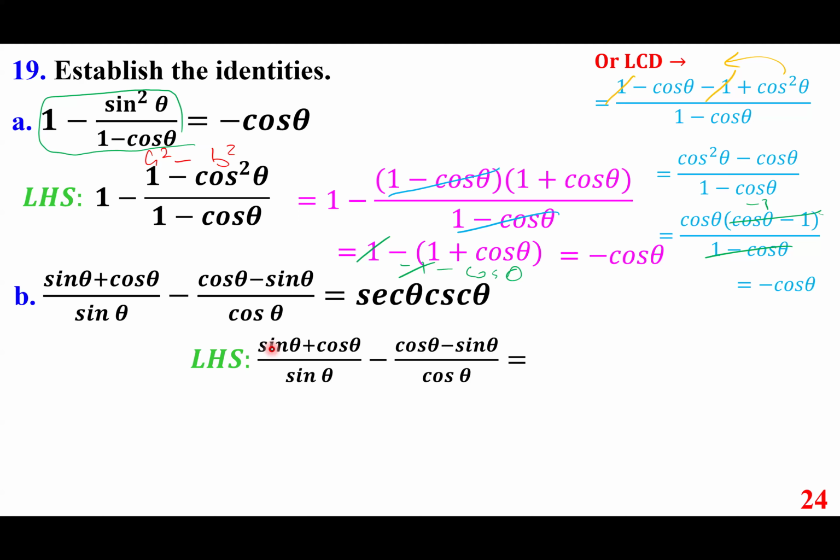So what is the common denominator, the product of these two? Sine theta, cosine theta, or cosine theta, sine theta, makes no difference. So we multiply this one by cosine.